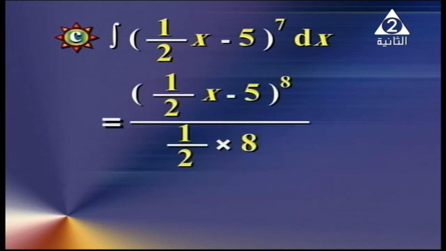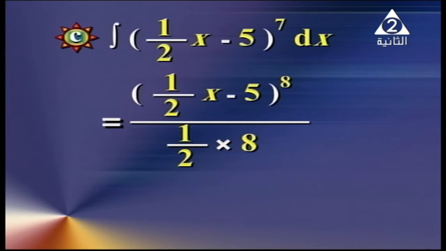Number C. What is the integration of half x minus 5 for all power 7 dx? Excellent student, by using the same method, we increase the power 7 by 1. Then half x minus 5 for all power 7 becomes half x minus 5 for all power 8 and divided by the new power, which is 8.